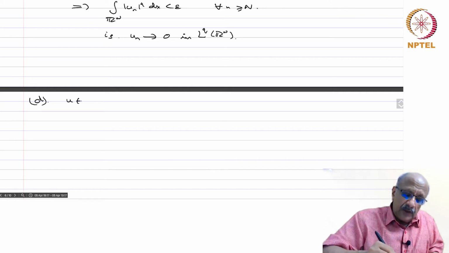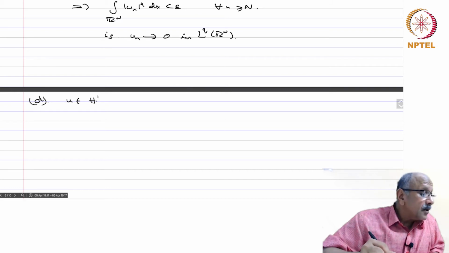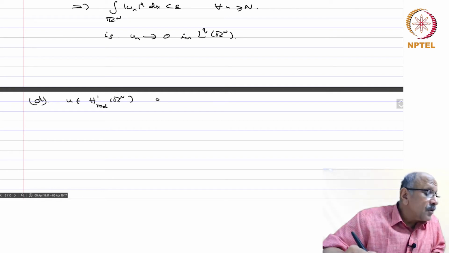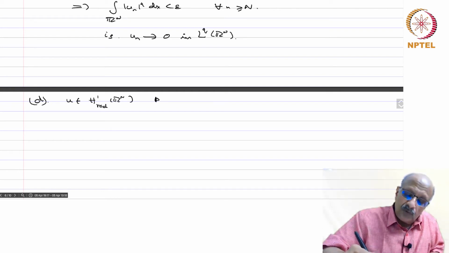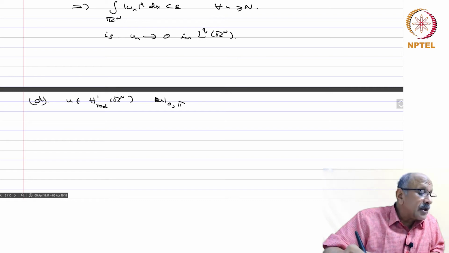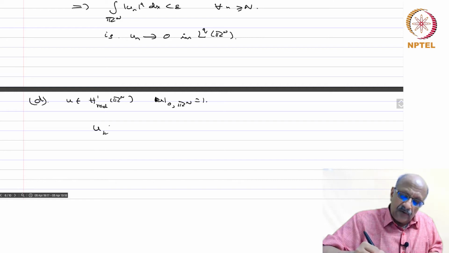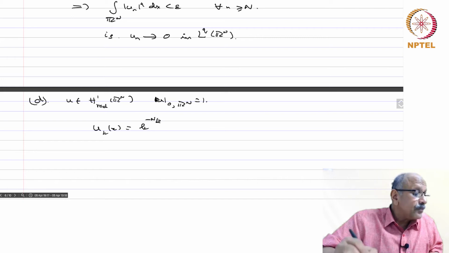Take u in H^1_rad(Rn), u not equal to 0, such that the L2 norm of u on Rn equals 1, and you define u_k(x) equals k^(-n/2) u(x/k).